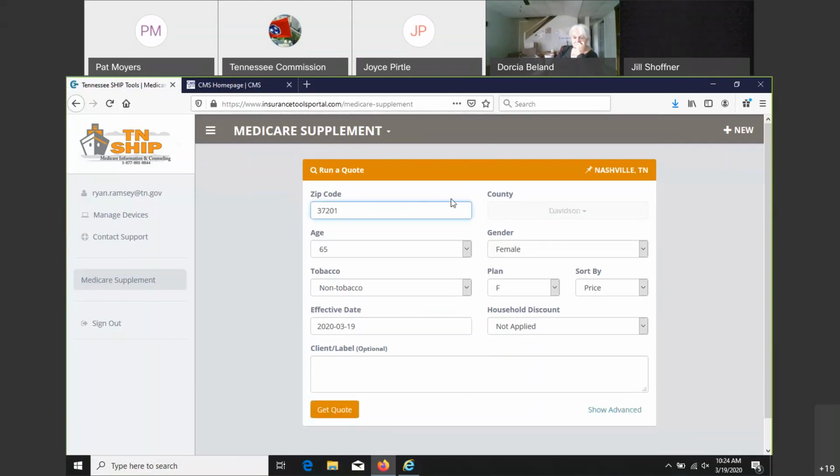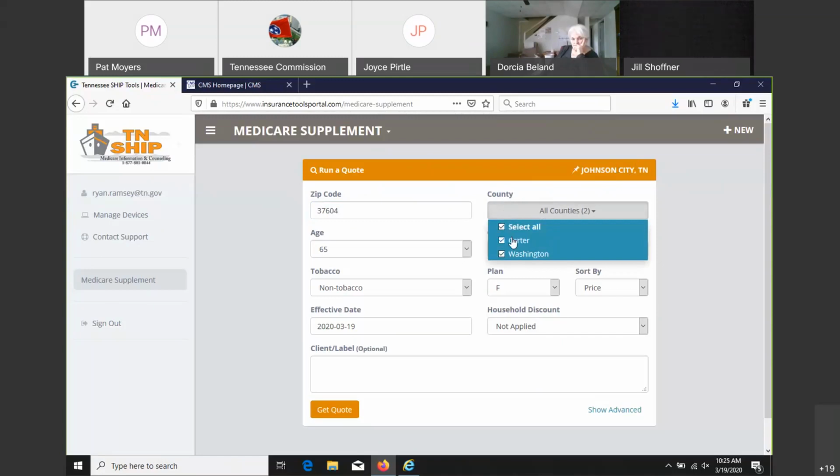Since I'm here in Davidson County, what will happen is that it will bring up this county for a zip code that may span multiple counties. Let me see if I can remember one of them here. There we go. So you'll see 37604, that's Johnson City, Tennessee right there. And that does bring up this drop down on the county.